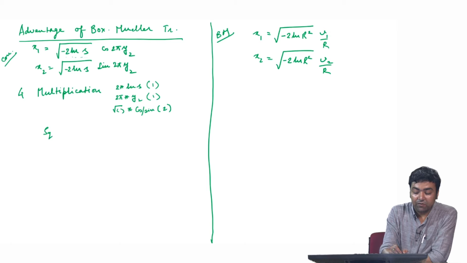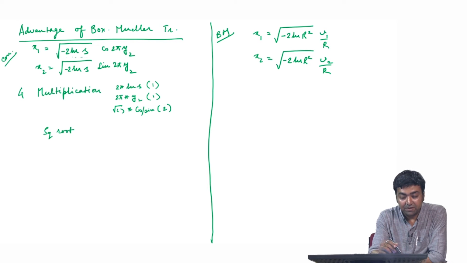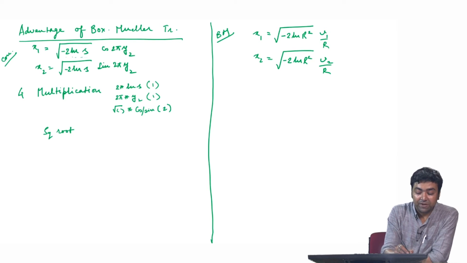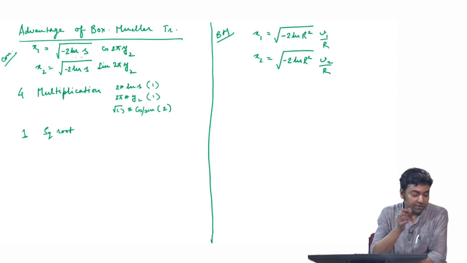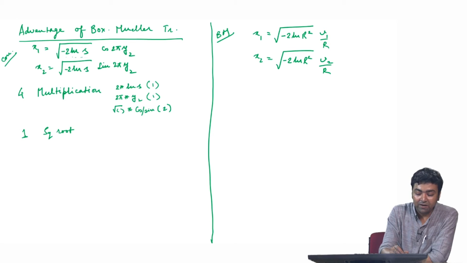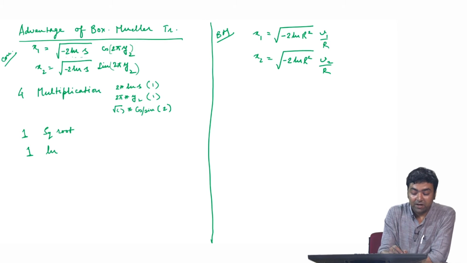If I evaluate this square root term once, I can use it both for x1 and x2. So, I need to perform one square root operation, and in a similar way one logarithmic operation, and then we also need to evaluate the cos or the sine of 2 pi y2. That implies that we need to perform 2 trigonometric operations.